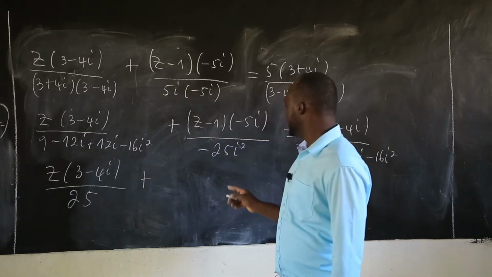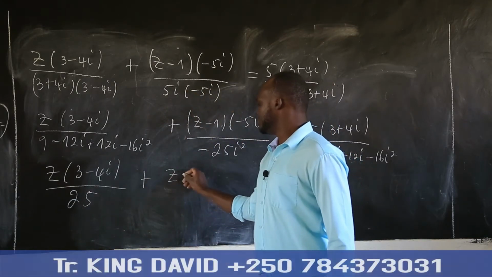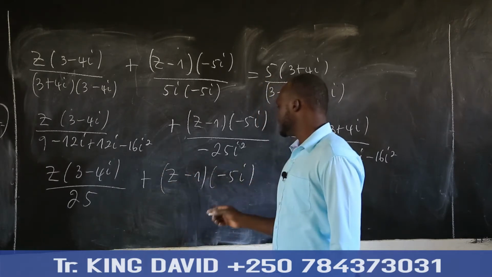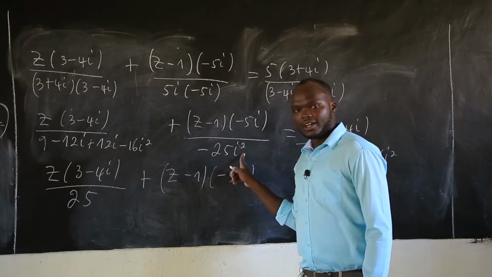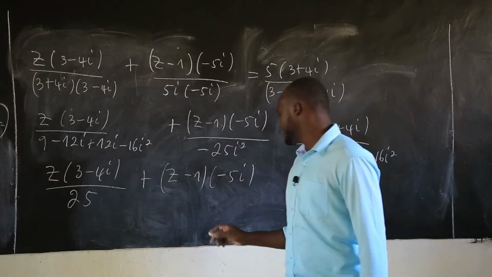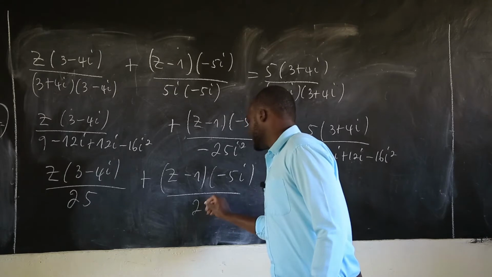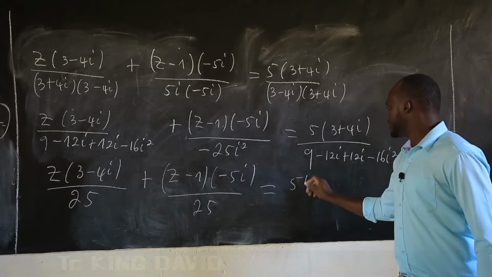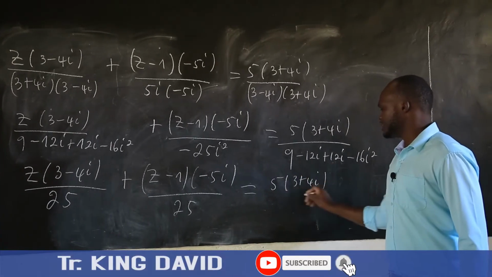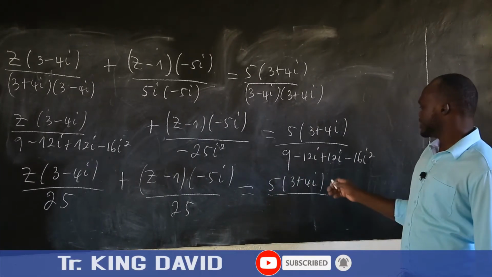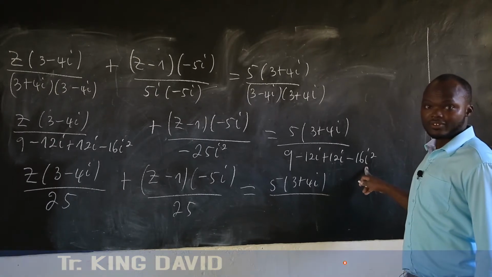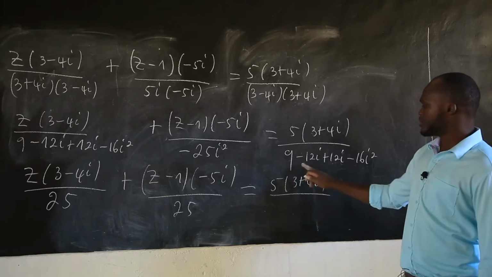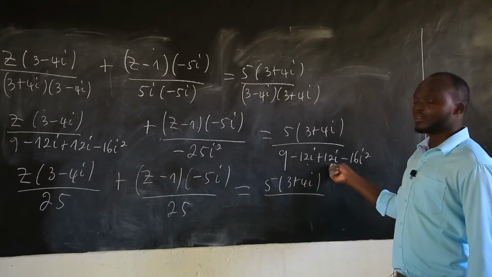Plus Z minus 1 times negative 5i. i squared is negative 1, and negative 1 with this negative comes 25. Then equal to 5 times 3 plus 4i divided by 25, since negative 1 times negative 16 becomes positive 16 plus 9, that is 25. This one with that one is 0.